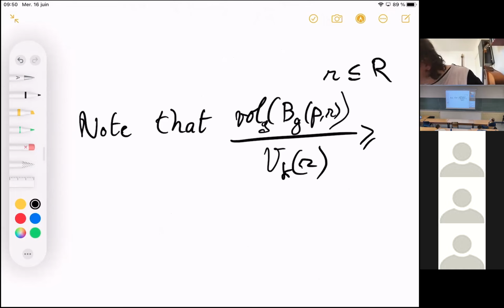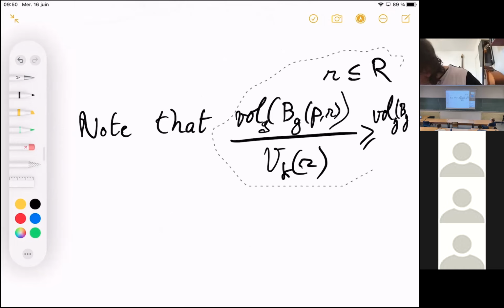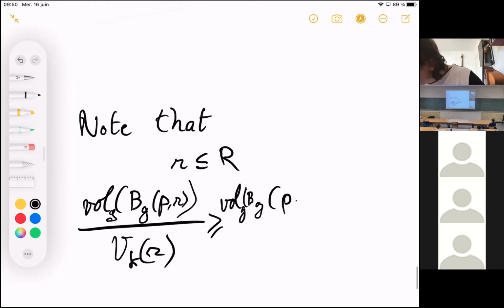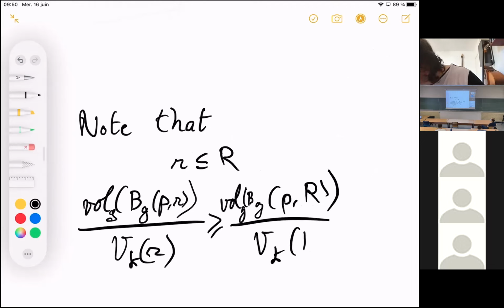So we write the fact that this function is non-increasing: the volume of B_g(p, r) over Vk(r) is at least the volume of B_g(p, R) over Vk(R).